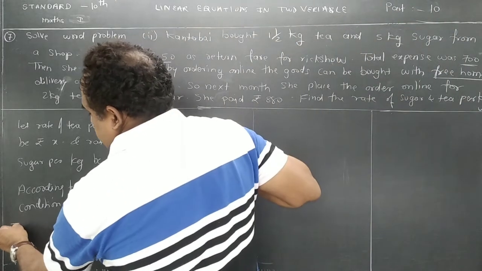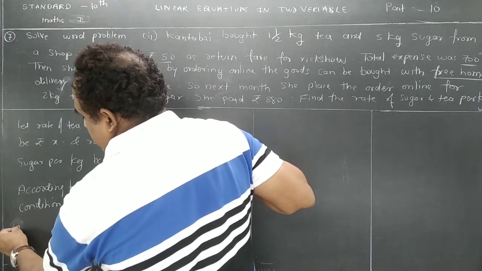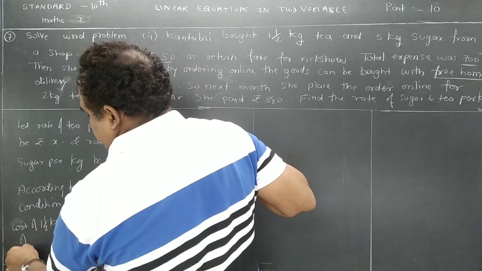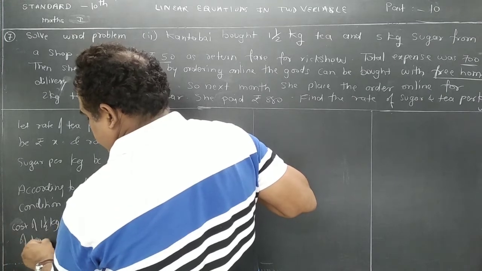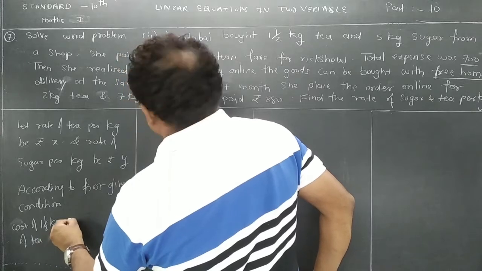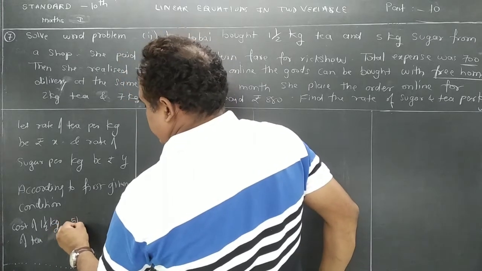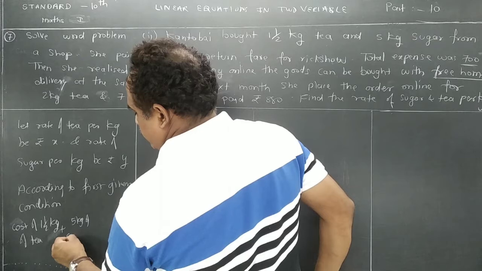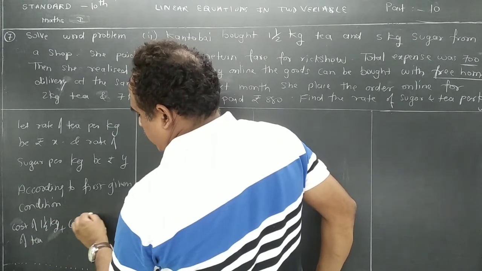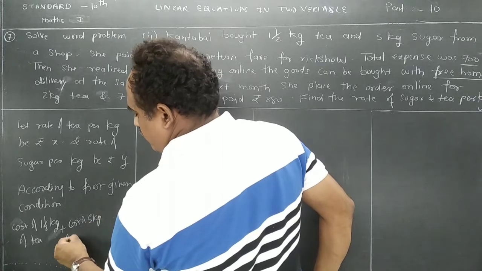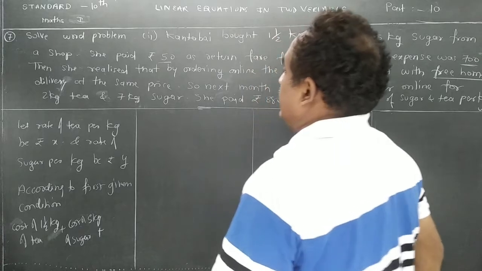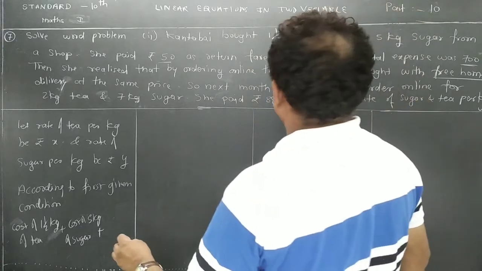Total cost of 1.5 kg of tea plus cost of 5 kg of sugar plus rickshaw charges, correct?